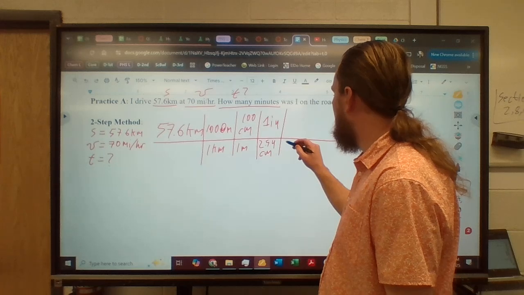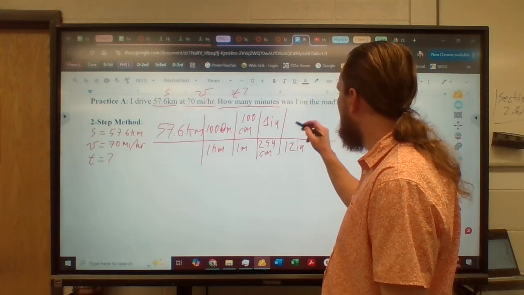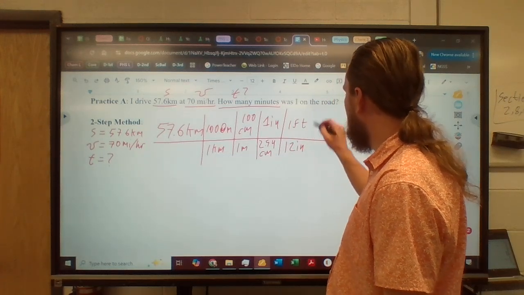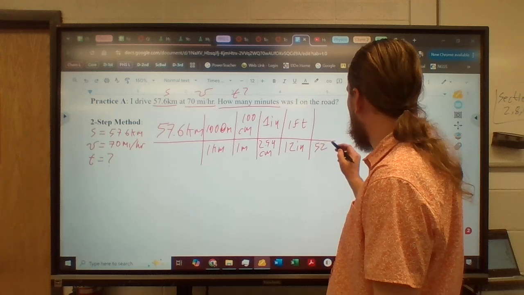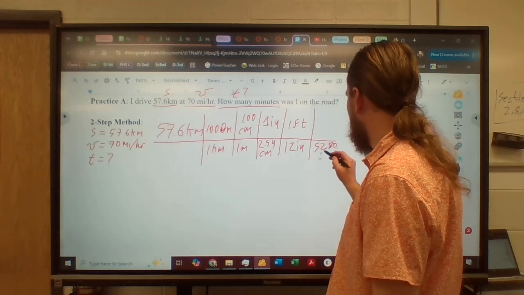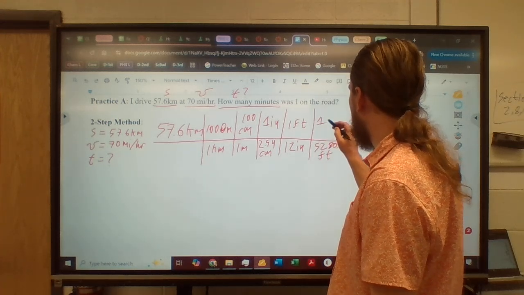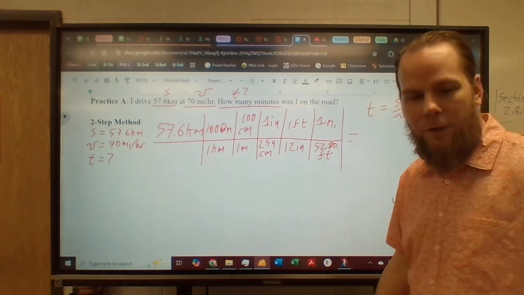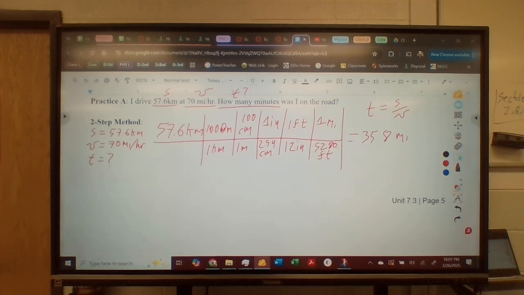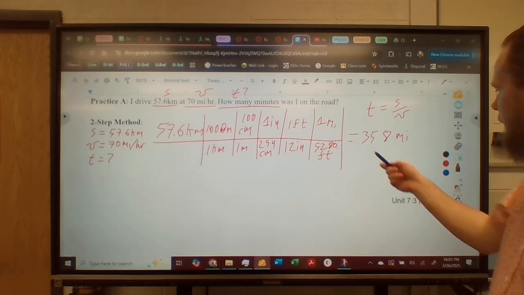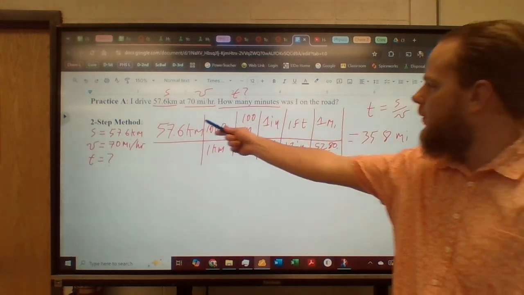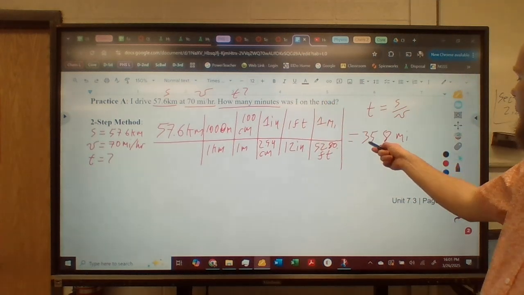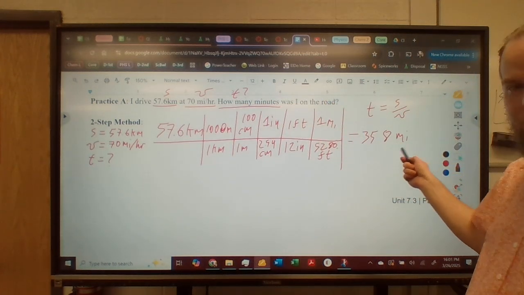And then 12 inches to 1 foot. And 5,280 feet to 1 mile. Plug that into the calculator. And after applying sig fig rules, we get that 57.6 kilometers is equal to 35.8 miles.